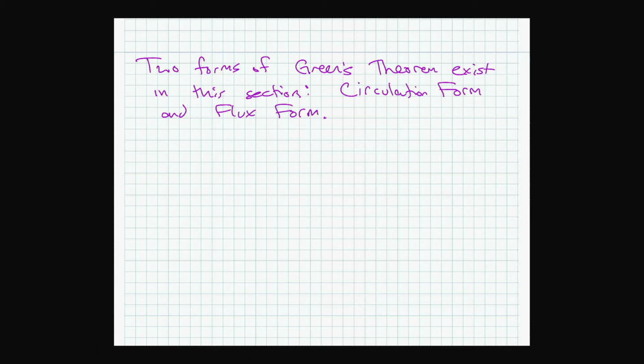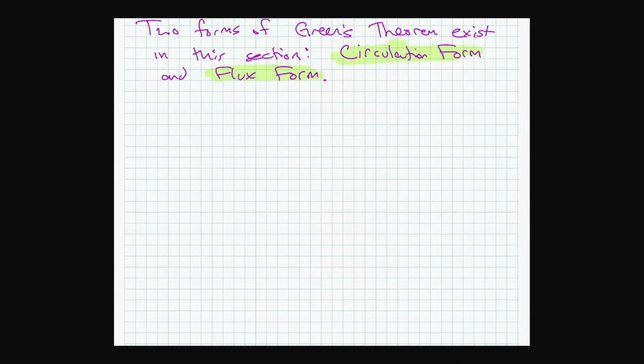The reason that we're going to need these two different forms of Green's theorem is because if you remember the section on line integrals, there was a difference between doing a regular line integral and doing a flux integral, right? One had the r prime and the other one had the n, the normal vector.